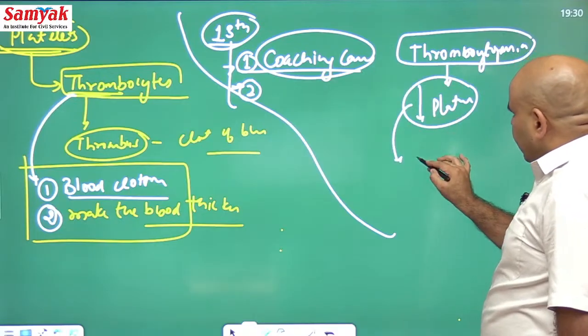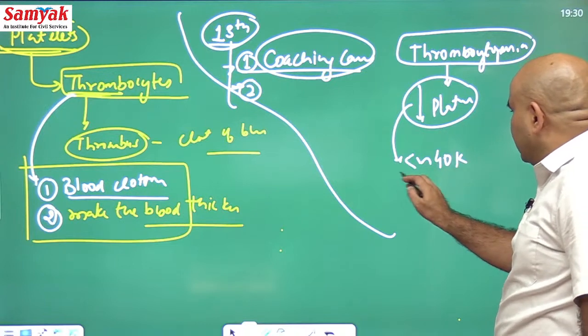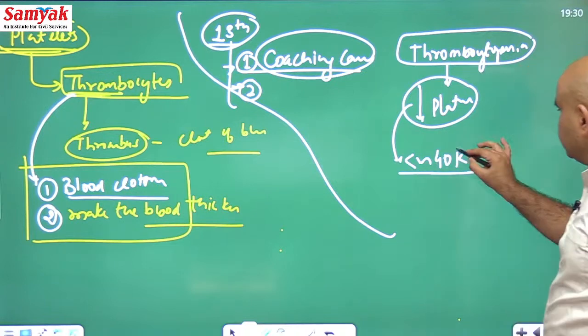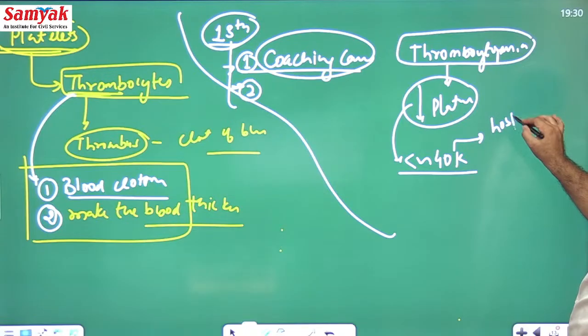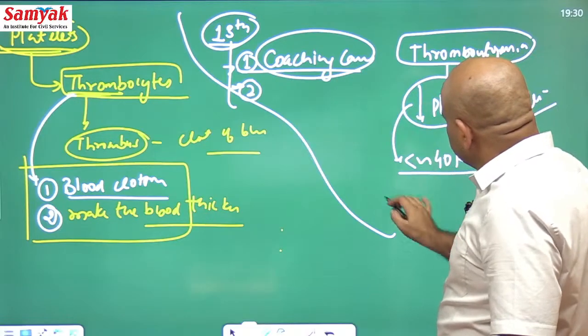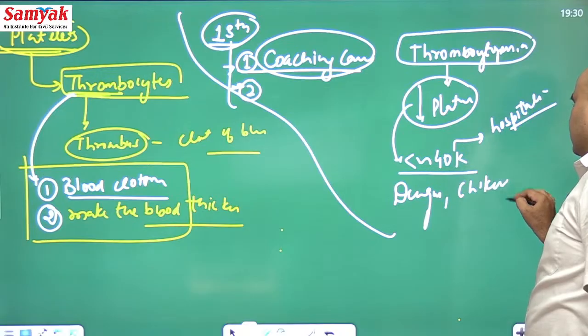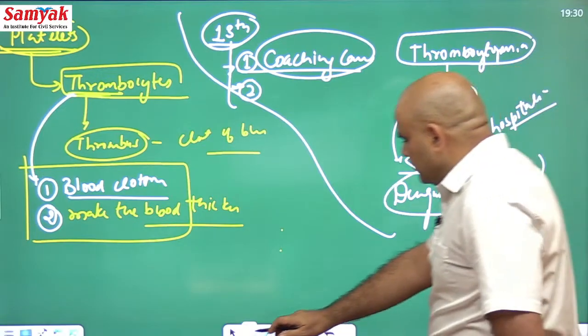Remember that any patient having a platelet count less than 40,000 should be hospitalized. One more thing, this is a very common symptom of dengue and chikungunya. So remember this also.